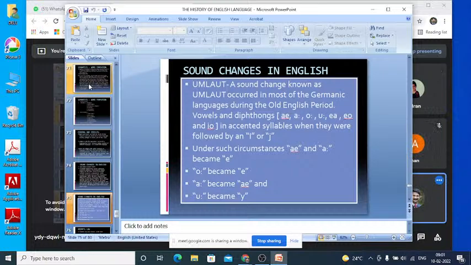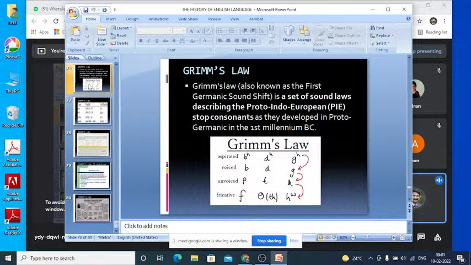Now, I talked to you about Grimm's law some time ago. If you want, I can talk further about it. It is a kind of sound change studied by the great German philologist Jacob Grimm.